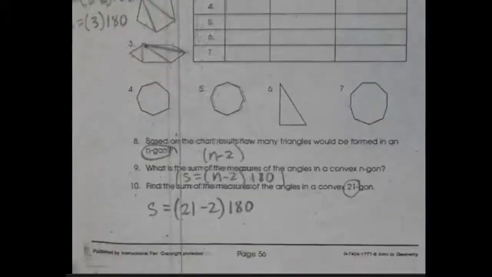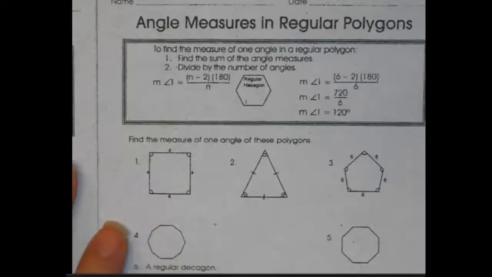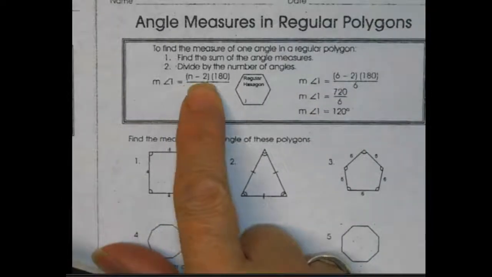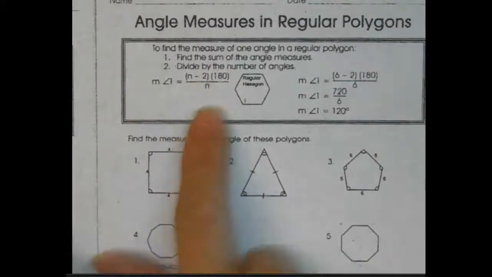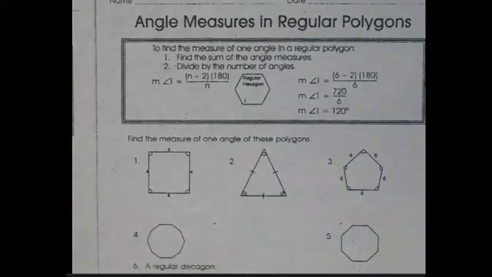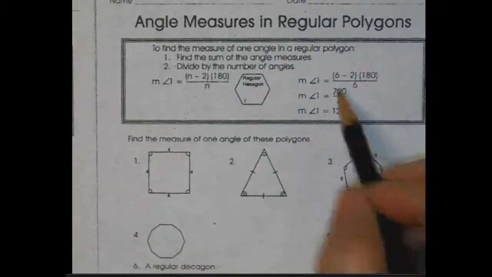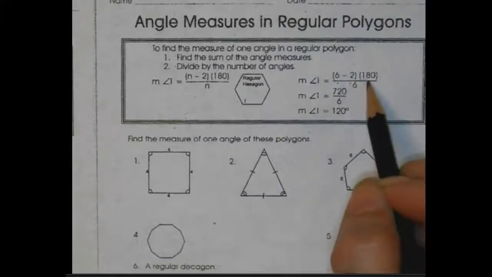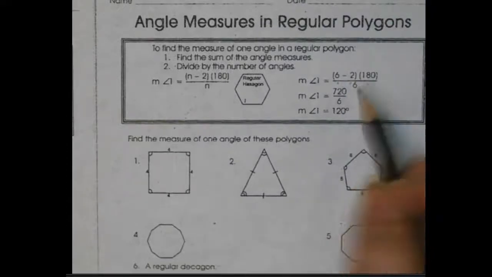Okay, so on the other side, let's move on to angle measures. We have the same formula, if you notice, n minus 2 times 180, but we're adding a step. So this time it wants me to find the angle measure. Okay, so I'm going to take the number of sides, subtract it by 2, multiply it by 180, and then divide it by that number.